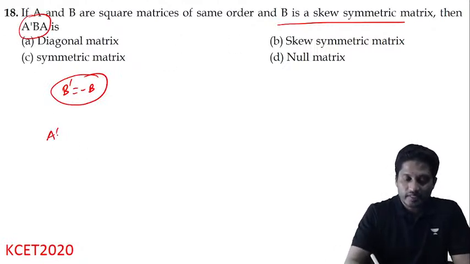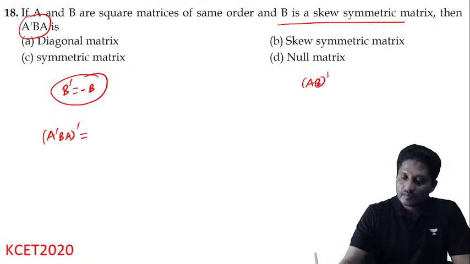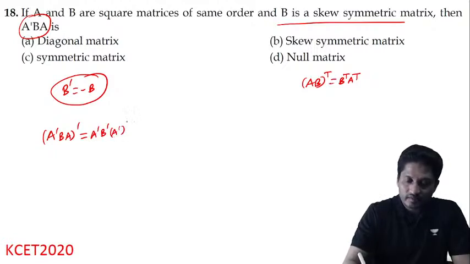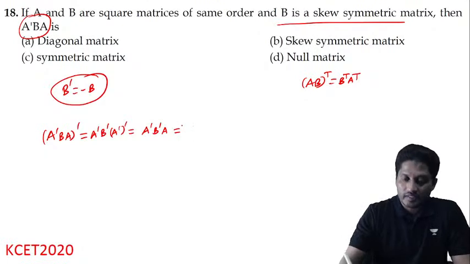Now suppose I take A dash B A, the transpose of this. Okay, transpose of AB will be equal to B transpose into A transpose, right? So this is A dash, B dash, A dash dash. So this is A dash, B dash and A. B dash is equal to minus B, right?